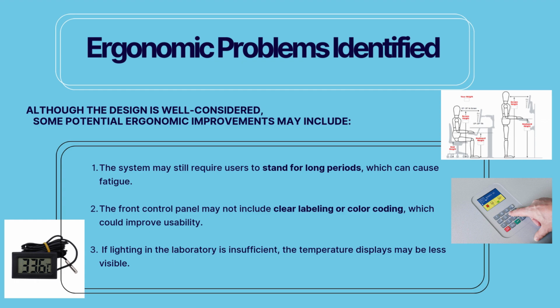Therefore, while the current design is functional and safe, I think improvement such as providing adjustable seating, enhancing labeling with standardized color coding, and upgrading to larger and backlit digital display will further strengthen the ergonomic performance of the product.